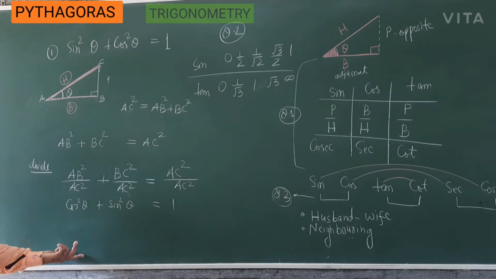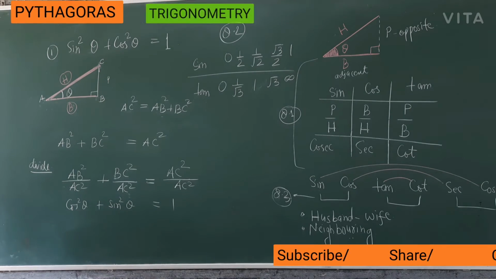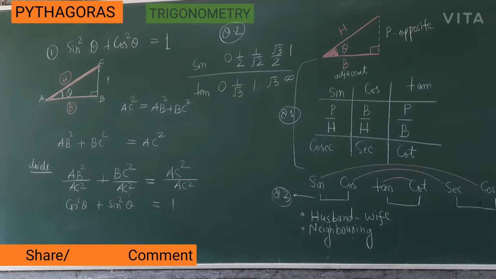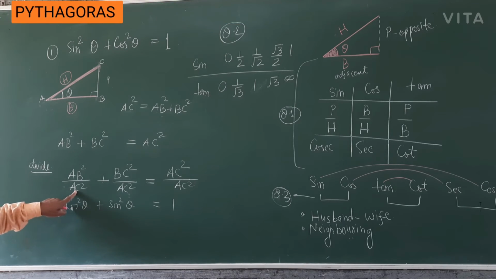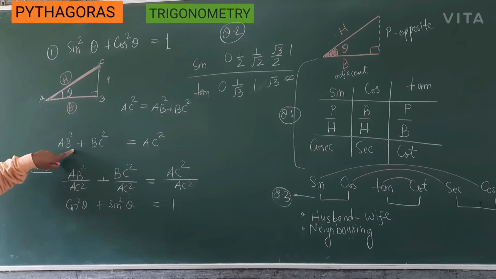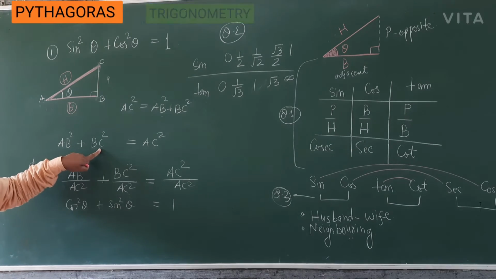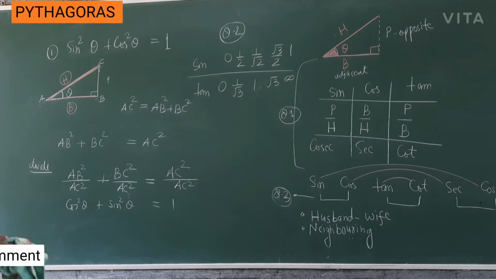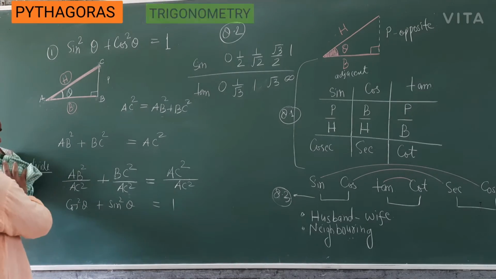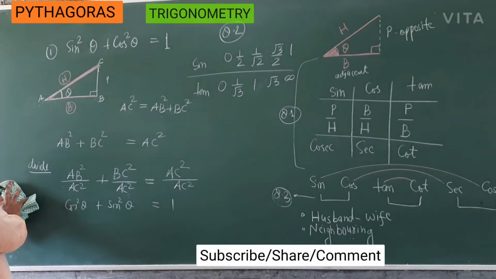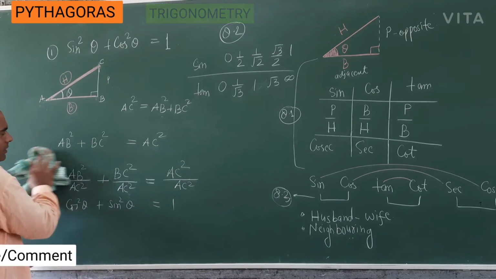So this was again proved. Okay, I have divided by AC square, so I am getting this result. If I divide by AB square, I may divide by BC square also, so I may get another result. So note it, divide by AC square, so you will get this result.